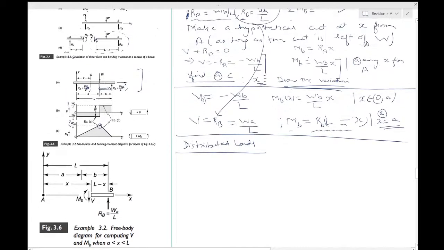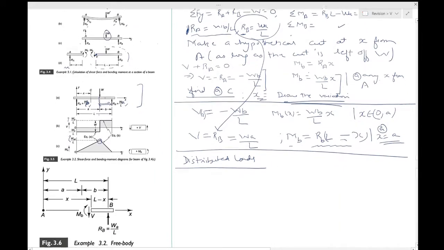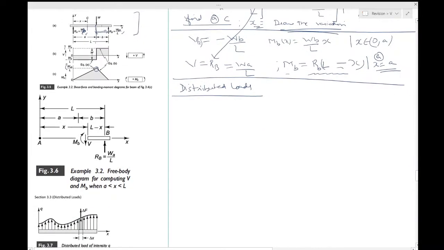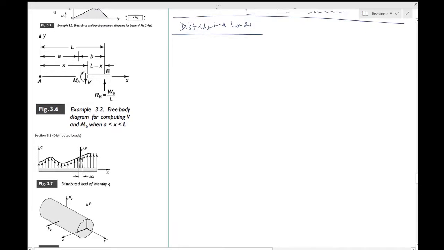Look at this. All this was a point force, acting at one specific point. In many cases, you may not have these point forces, but instead have a continuously distributed loading.